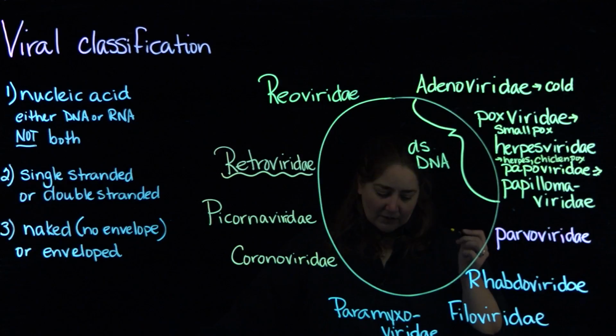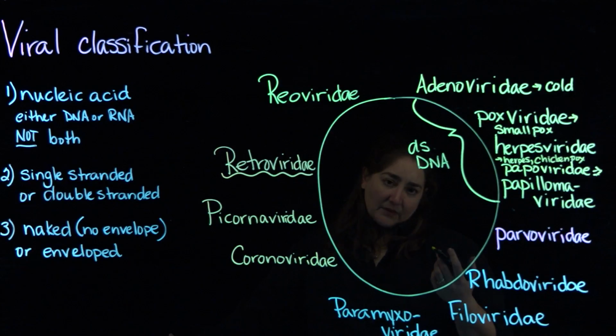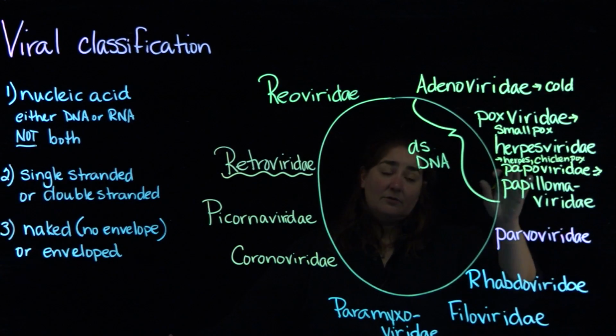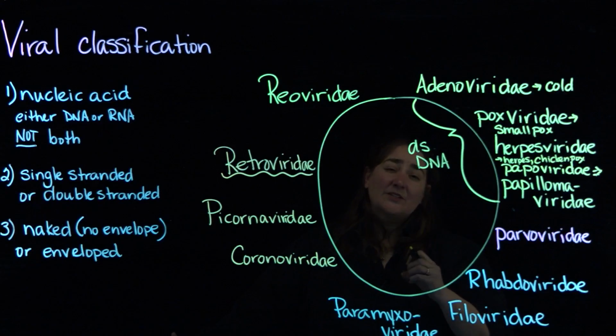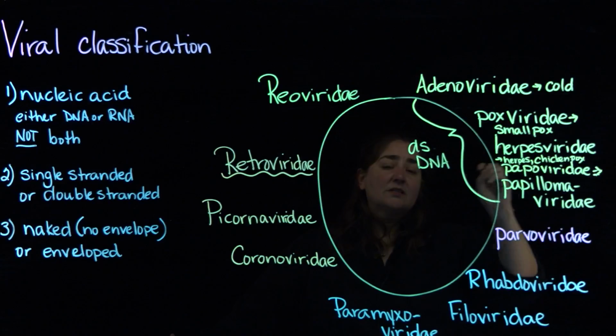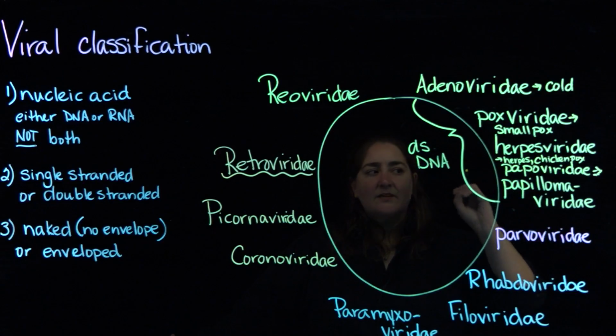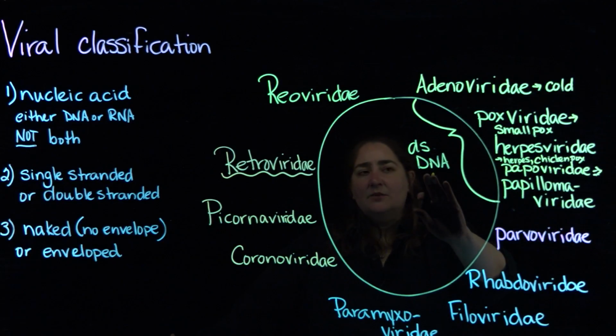It's a herpes virus. So is mono a herpes virus. And I shouldn't say it is, it's in the same family, okay? So herpes, oral and genital herpes, chickenpox, shingles, they're all Herpesviridae. They're part of that same family of double-stranded DNA viruses, okay?